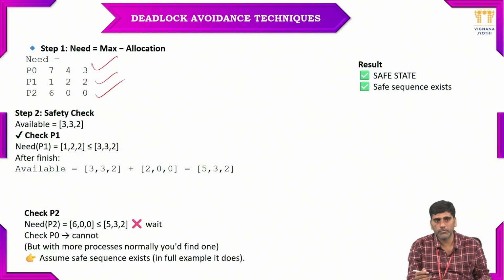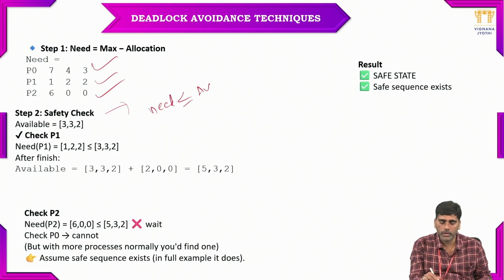The next thing we have to do is the safety check of the processes. To test this, the formula is: need is less than or equal to available. So now you can check. Available is 3 3 2.